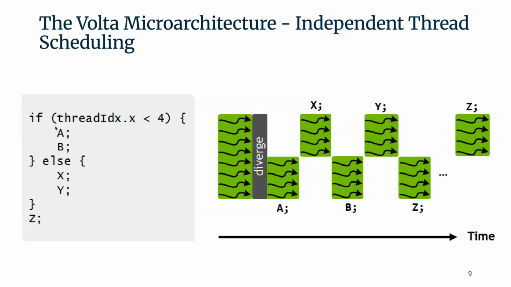Right now, some of the threads have the PC at A, the other ones have the PC at X. But since we do want it to be SIMT, they will execute A, and then we can schedule the other threads to execute X.